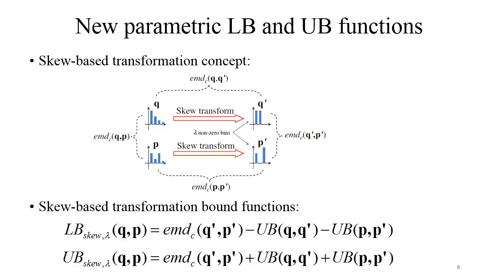To handle the sparsity and skewness of feature vectors, we propose the skew-based transformation bound functions. The idea is to skew small values to other dimensions and make sparse feature vectors, for example, lambda non-zero bins in the above figure, where lambda is much smaller than the original dimensionality D. With a smaller number of non-zero bins, we can reduce the computational cost of EMD, as we can ignore the bins with zero value.